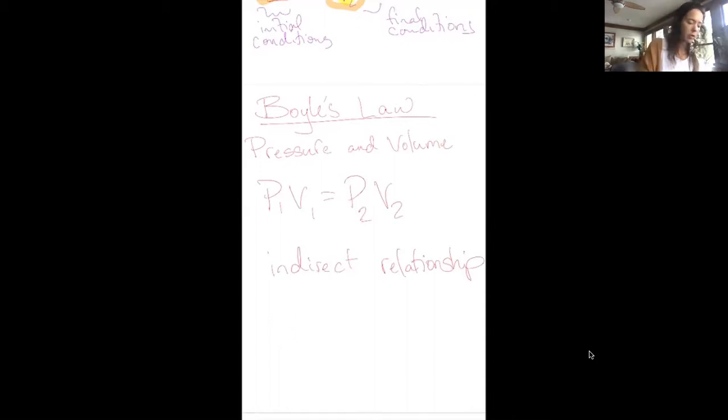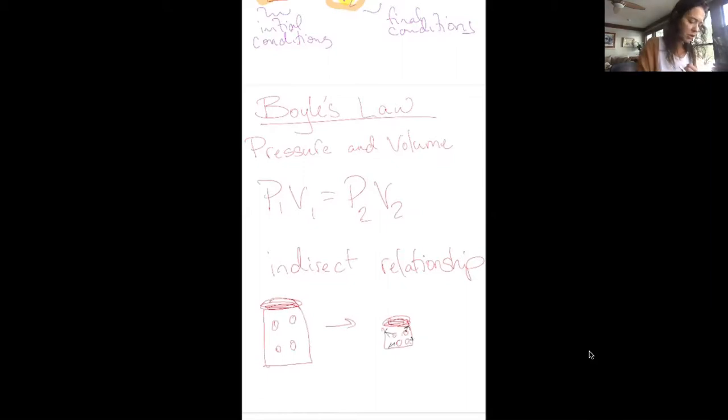If the volume goes down, right, if we have this amount of space to this amount of space, but we have the same amount of particles, 1, 2, 3, 4, you can see that the smaller the volume, the more collisions you're going to have with the walls of that container.